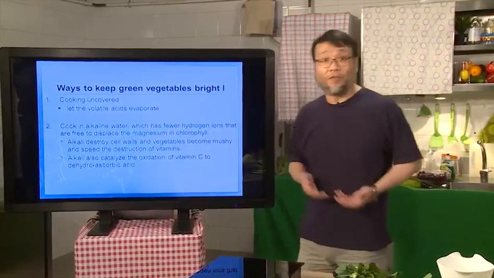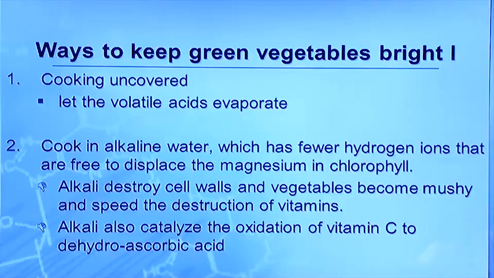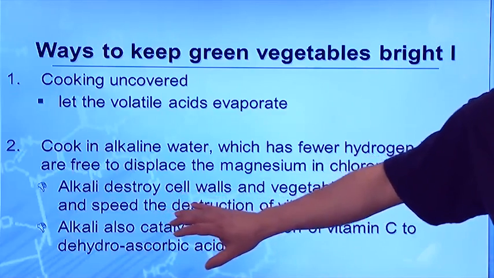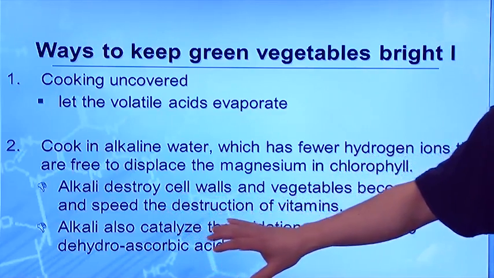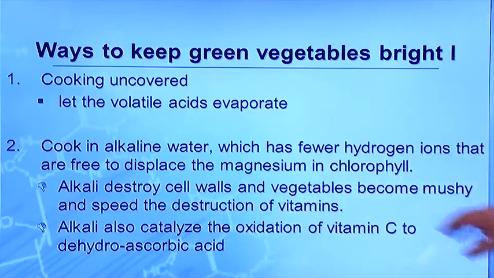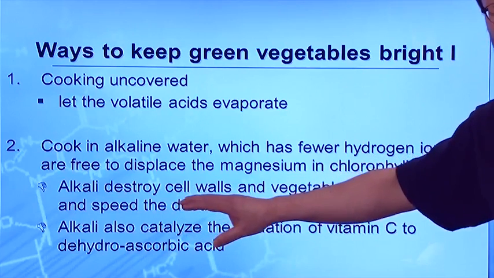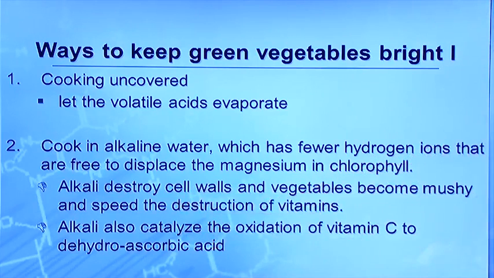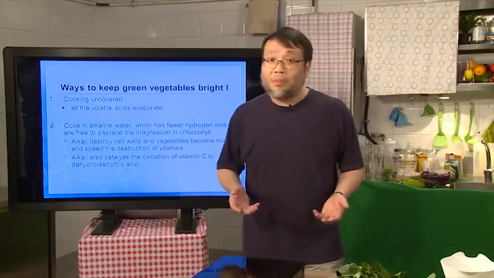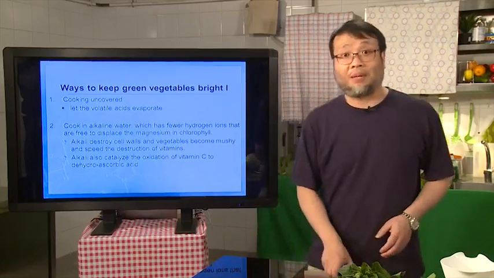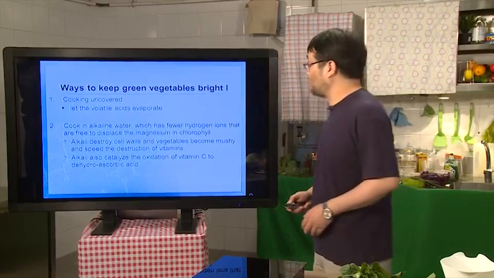That certainly is still very, very green. Now, of course, when we cook them in alkaline, you understand that the texture gets changed. They become very mushy. And also, this kind of cooking sometimes destroys the vitamins in the plant, including the oxidation of vitamin C. So therefore, maybe it will destroy some of the vitamins or nutrients.